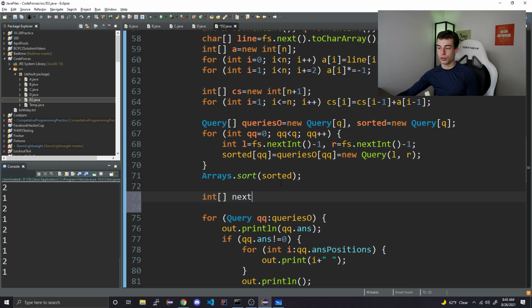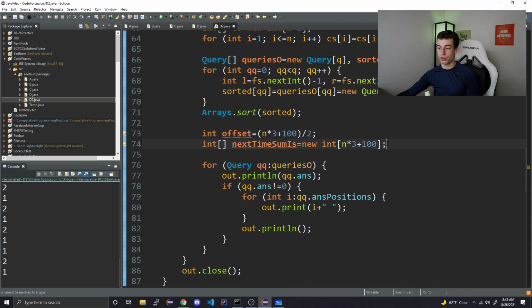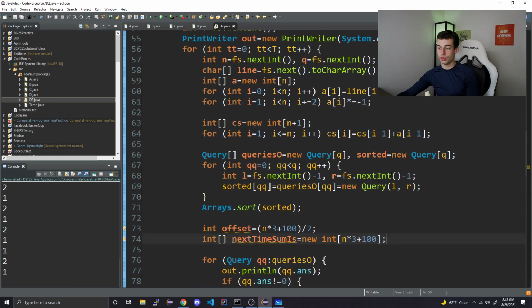So int array nextTimeSumIs equals new int array of n times 3. int offset equals n times 3 plus 100 over 2. All right, so cool, because we might need to put negatives here. Now we need to process everything from right to left.